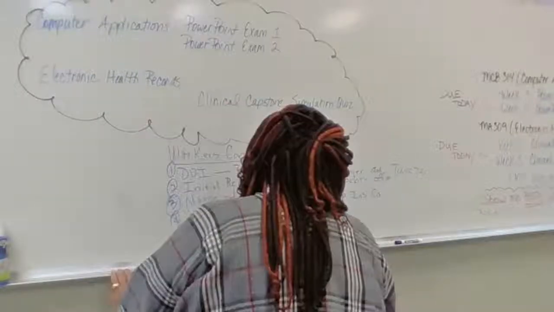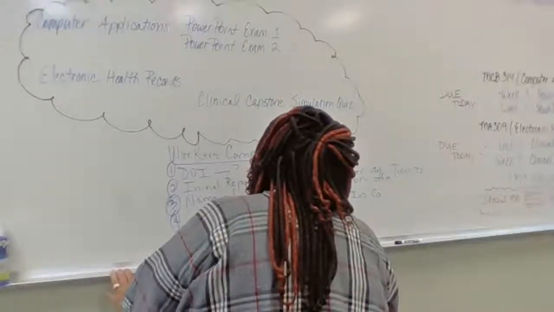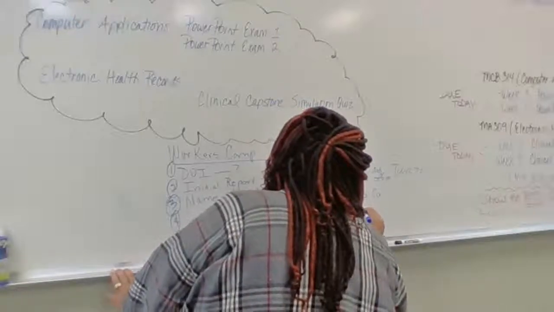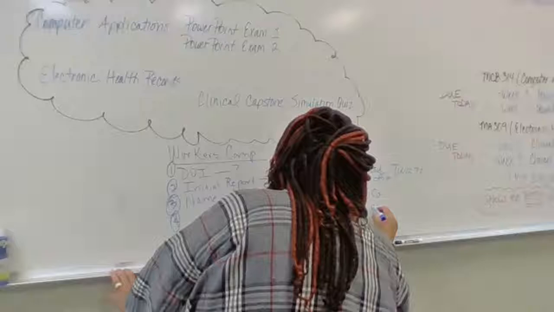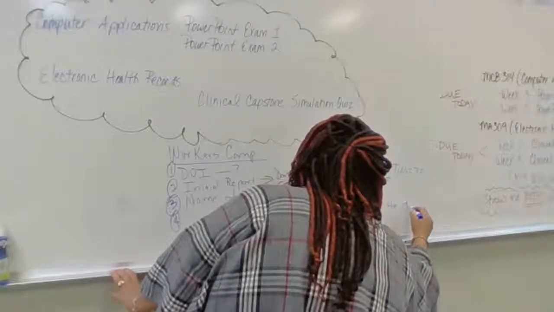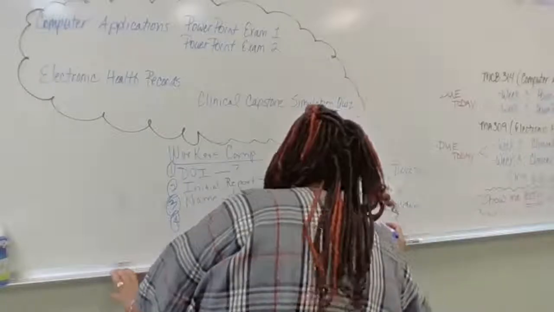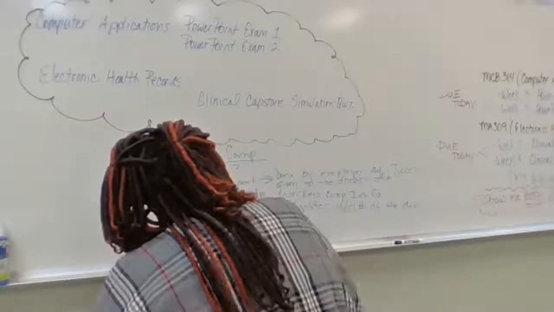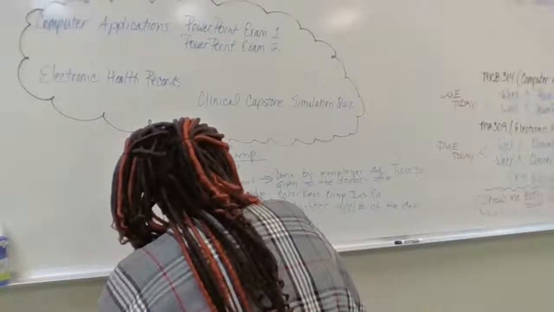You're going to need, sometimes or not, the claim number. A lot of times you're going to call the adjuster.